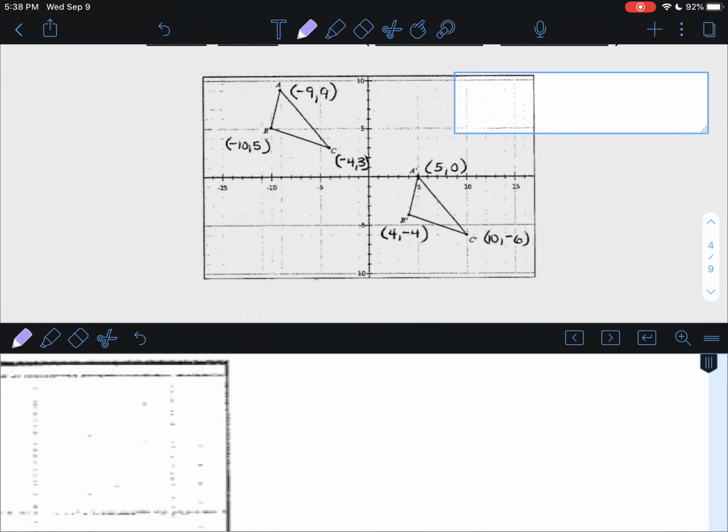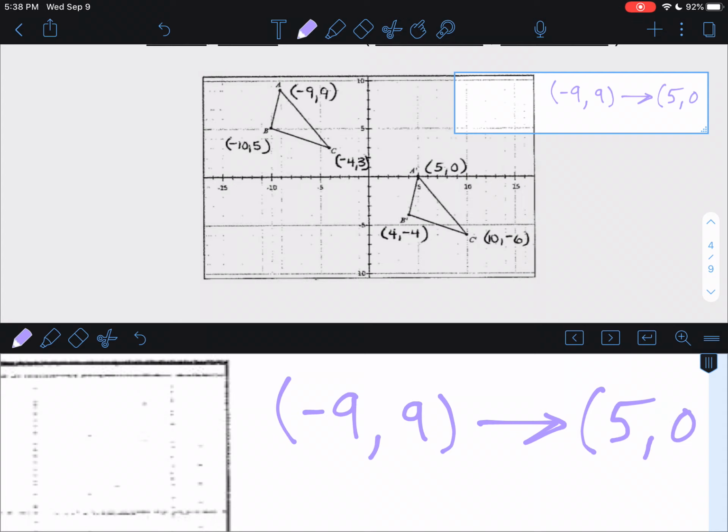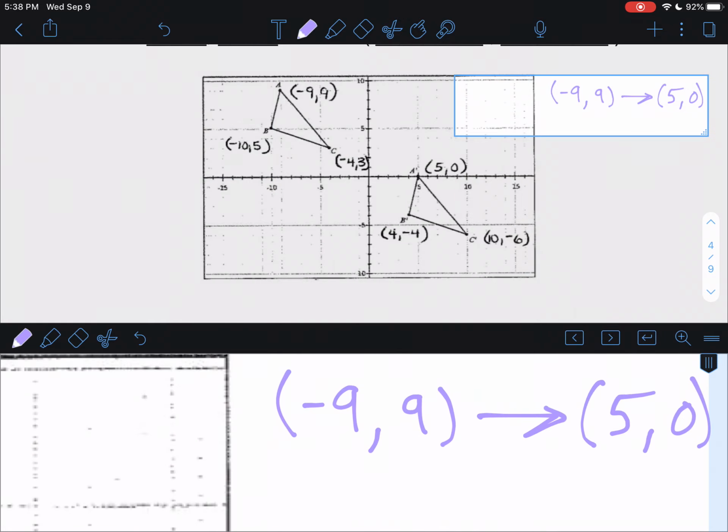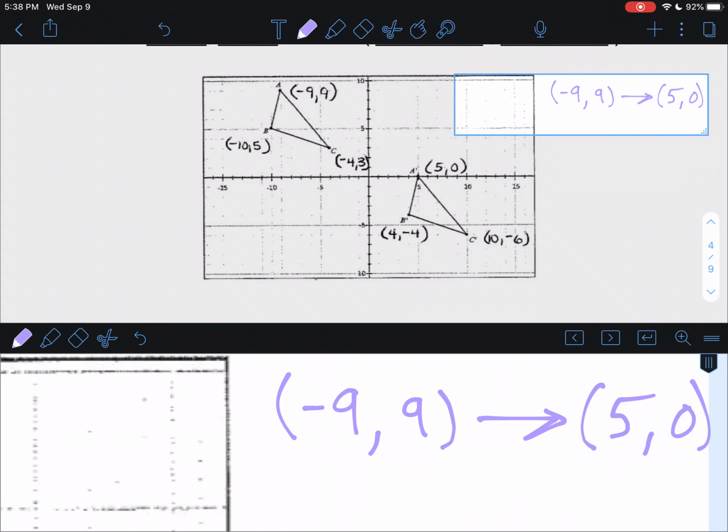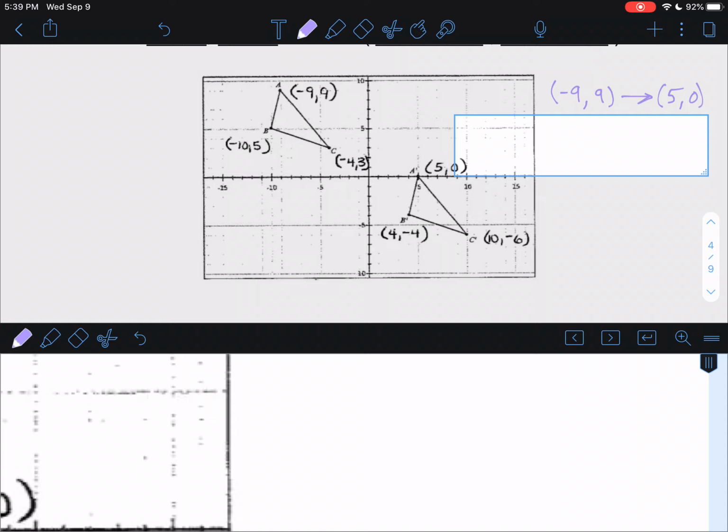So my A is negative 9, 9, and that is mapped onto 5, 0. So we just need to figure out what happened between these 2 points. Between negative 9 and 5, to figure out what the mapping was, I need to take x2 minus x1.